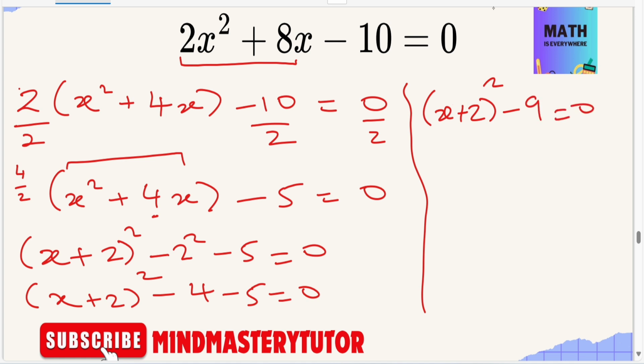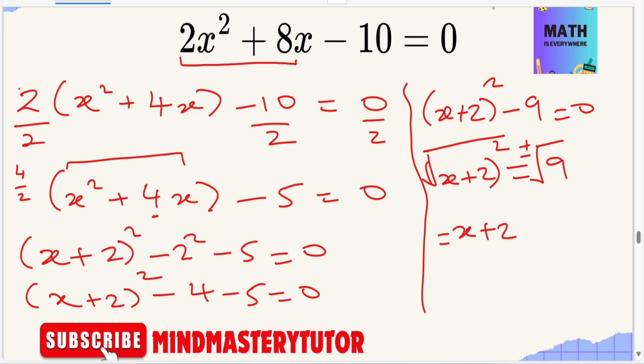Negative 9, peleka the other side itakuwa positive 9. So x plus 2 squared, take square roots of all of it. So itakuwa ni x plus 2, lakini hapa ima positive ama negative. So your answer hapa itakuwa ni either positive or negative 3. So let's say ikiwa ni positive 3, answer yako itakuwa ni ngapi?